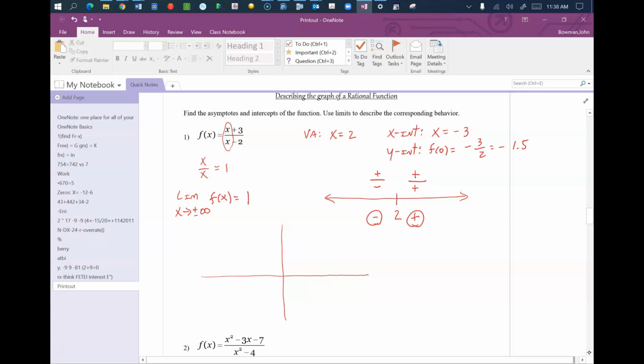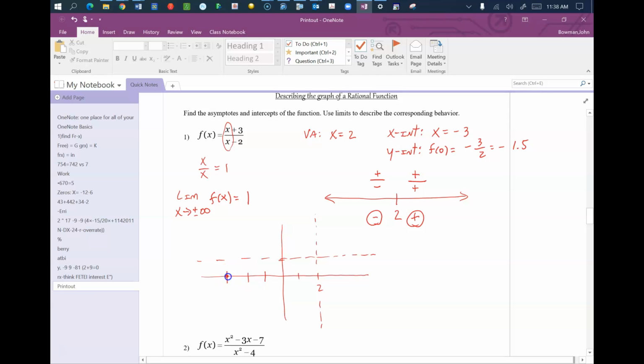So here we go. We've got the y-axis. We've got a vertical asymptote at x equal 2. Very often asymptotes are represented with a dotted line. We've got a horizontal asymptote at y equal 1. And we have an x-intercept at -3.